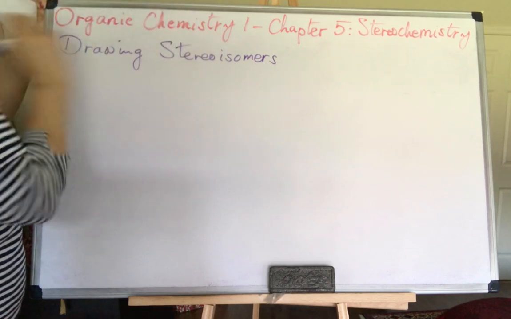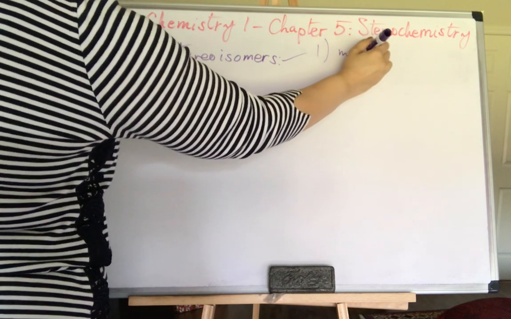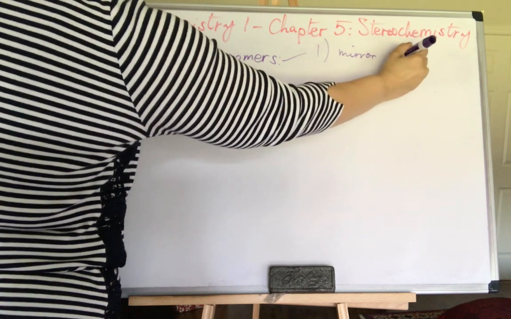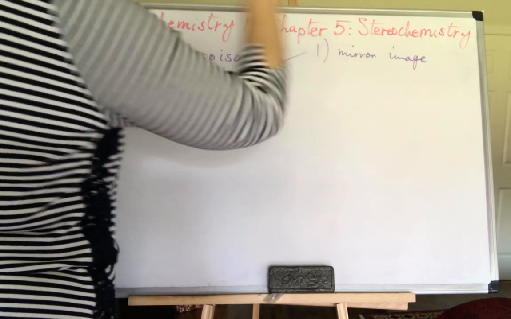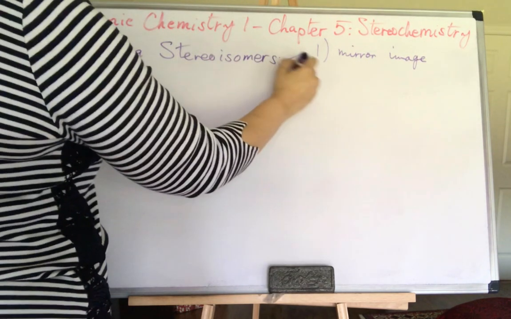There are two ways. By using the mirror image, as we did, or inverting the configuration on the chiral carbon.